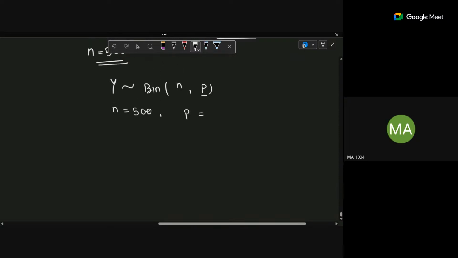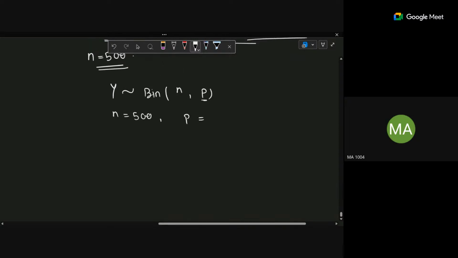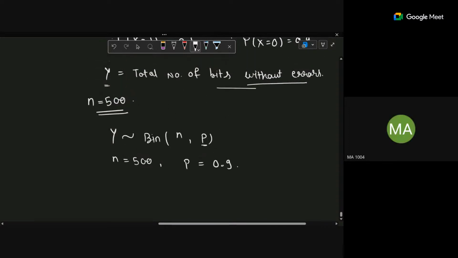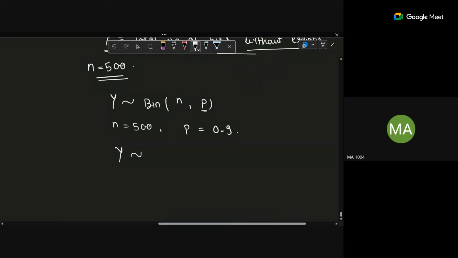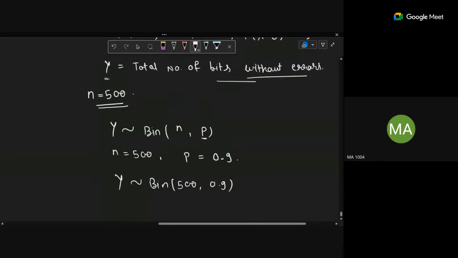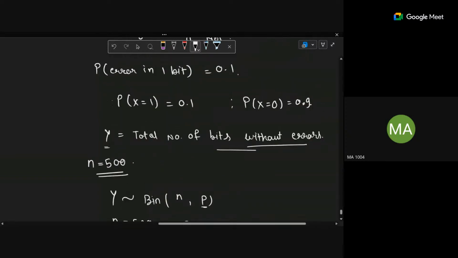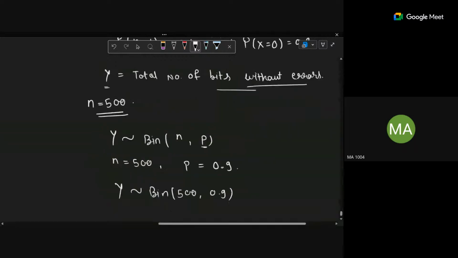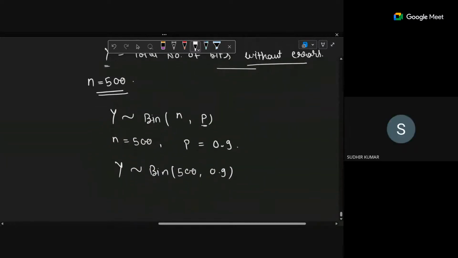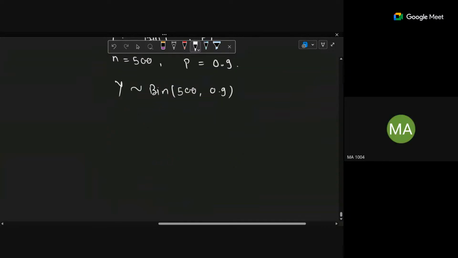It's the probability of a bit without error. Okay. So my y is following a binomial distribution with n equal to 500 and p equal to 0.9. One more thing you can take note of is that the sum of Bernoulli random variables will give you a binomial, right? Fine. So this was for question number 14.